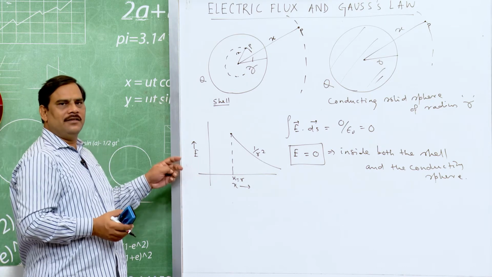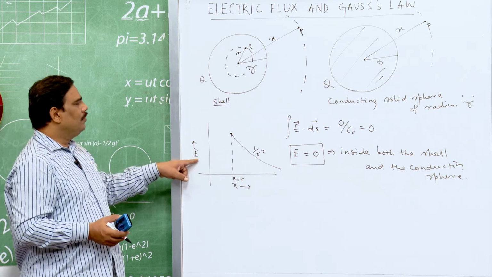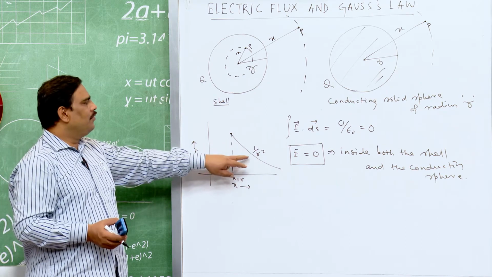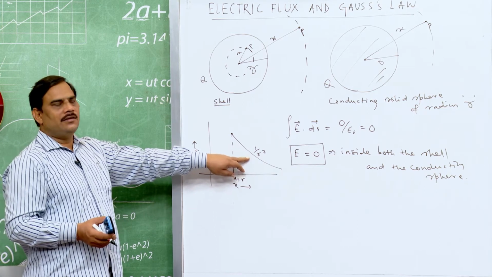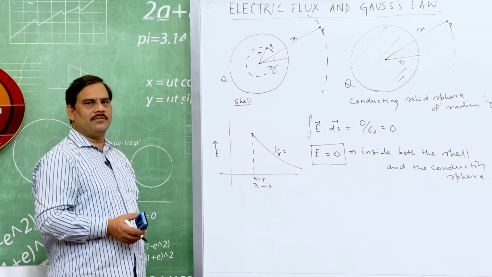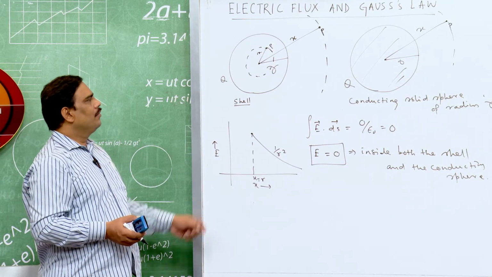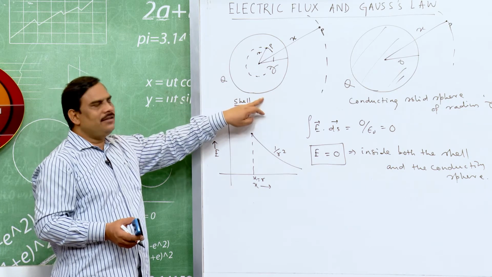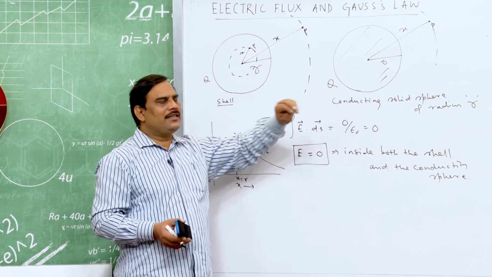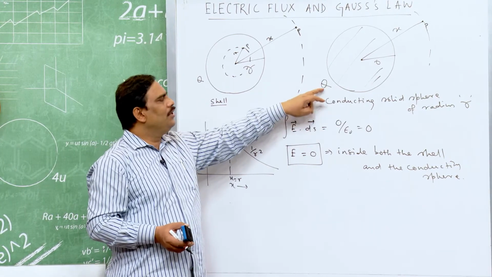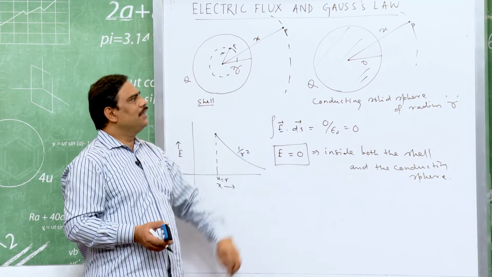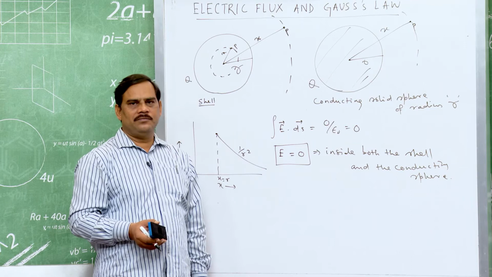So, electric field varies as r to the power minus 2 for an external point due to a spherical cell or due to a conducting sphere, as if the spherical cell and conducting sphere are behaving like point charges, or the charge q is placed at the center of the cell and also at the center of the conducting sphere.